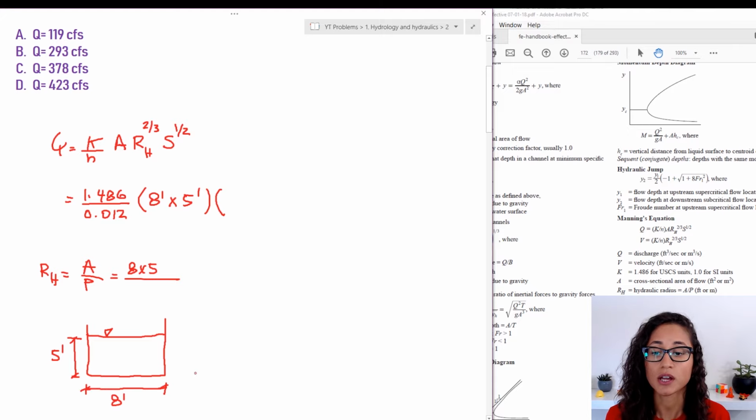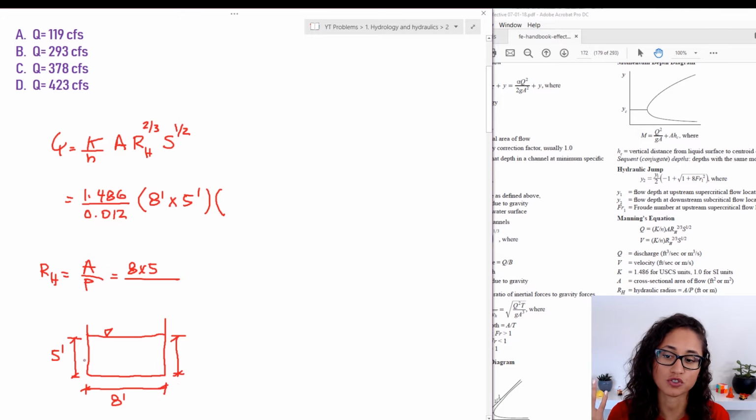The wetted perimeter just means where the water is touching around the whole channel. If this is your rectangular channel and the water depth is 5 feet, you're going to have 2 sides of 5 feet, and then we have 1 width. Remember, perimeter usually we just do length plus width plus length plus width, so that would be the perimeter of a rectangle. But here we just want the wetted perimeter.